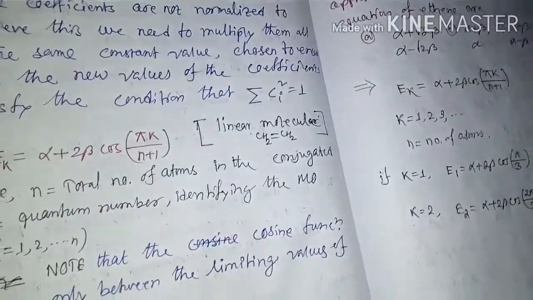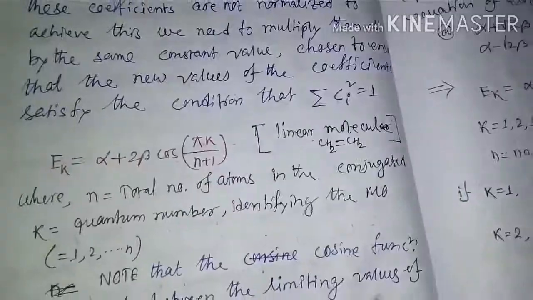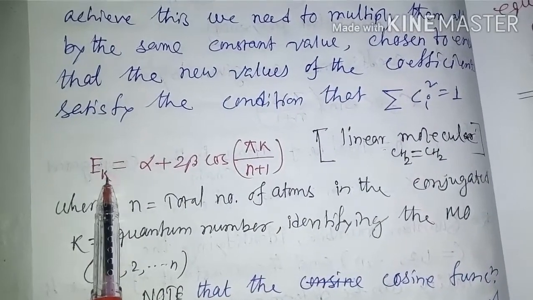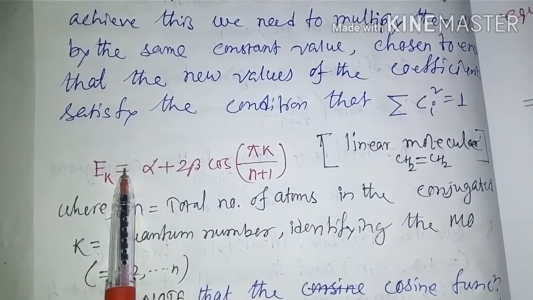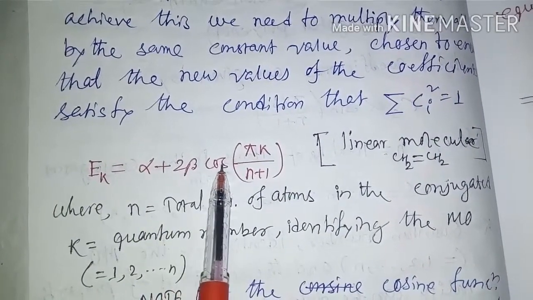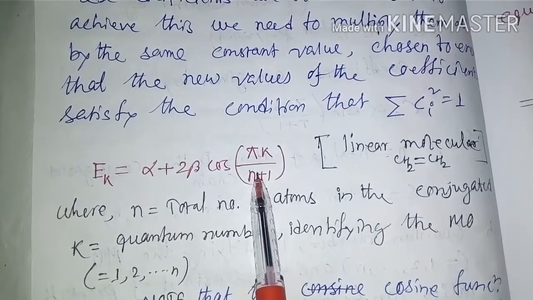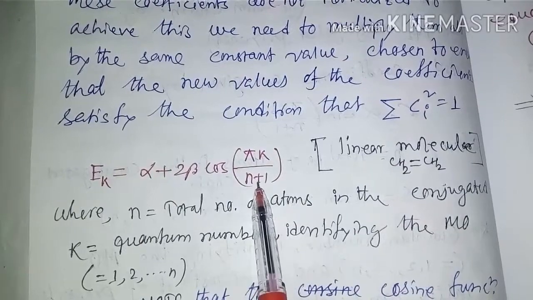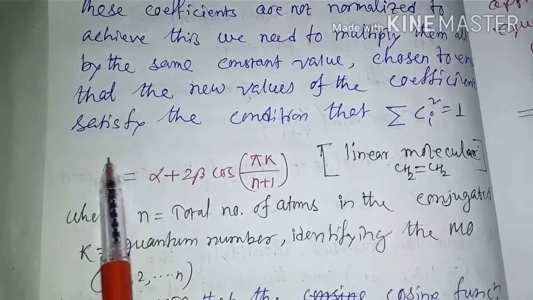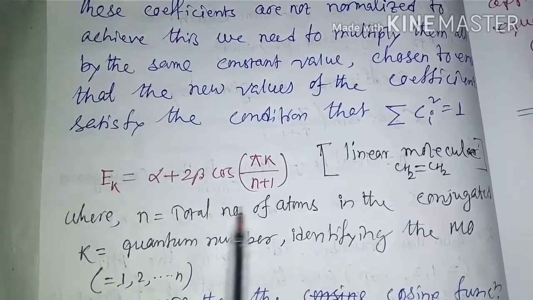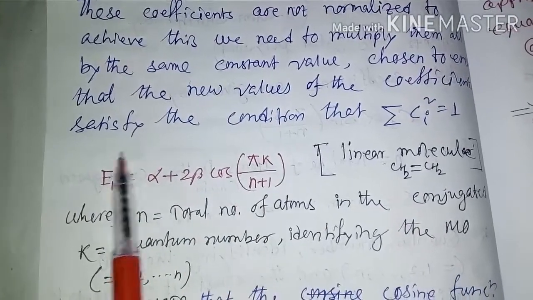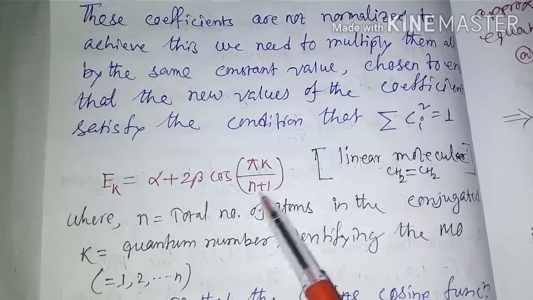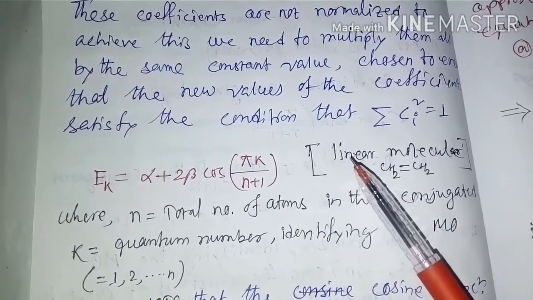Now for linear molecule, this is the formula: Ek equal to alpha plus 2 beta cos pi k by n plus 1. This formula is for linear molecular compounds.